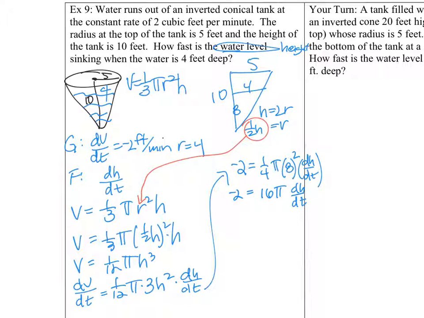So I divide by 16 pi and I get -1/(8 pi) equals dh/dt. Oops, now it's getting really loud.